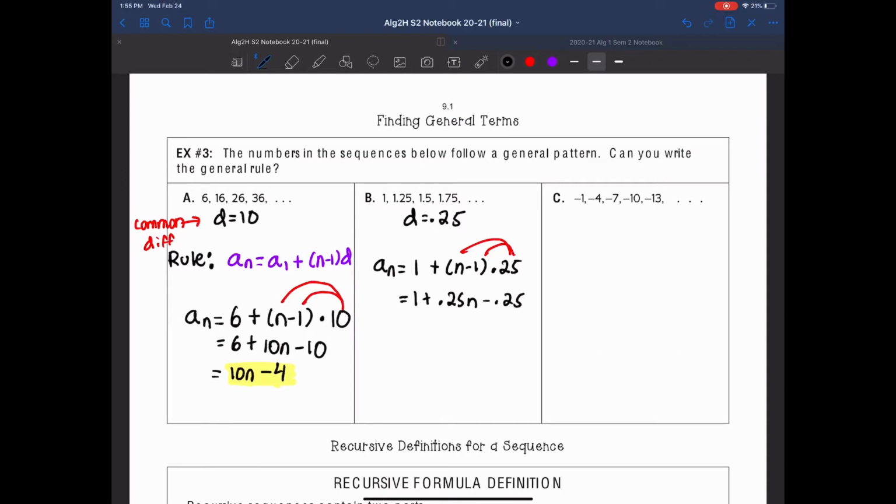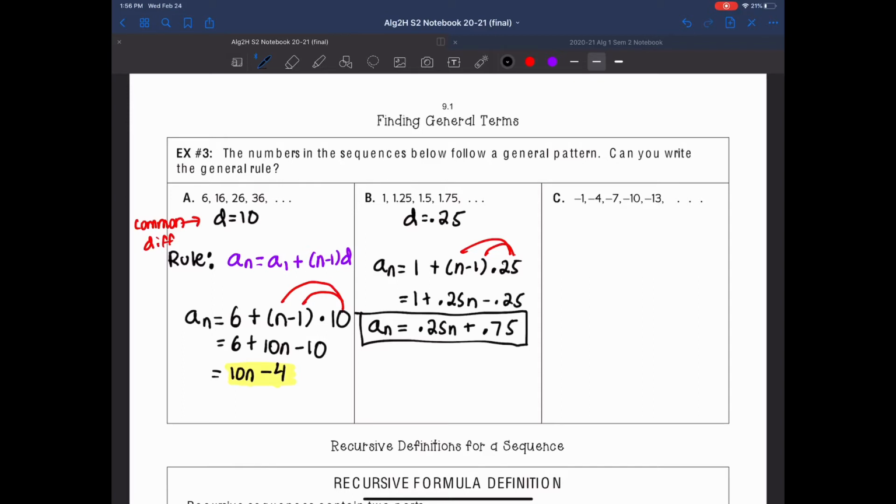Last step is just to combine like terms. I have positive 1 and negative 0.25, so my final answer is 0.25n plus 1 minus 0.25, that's 0.75. So A sub n is equal to 0.25n plus 0.75. That is the rule I'm going to use.